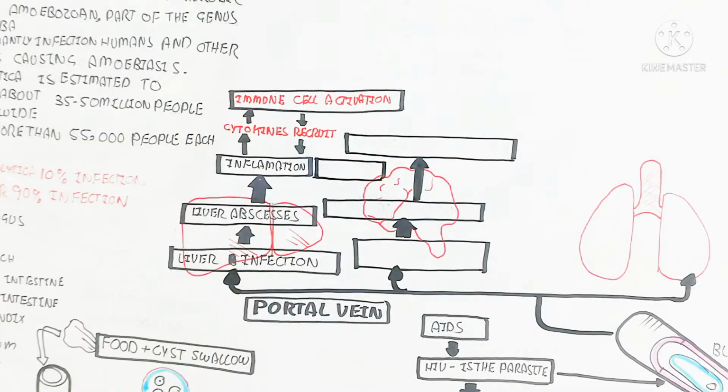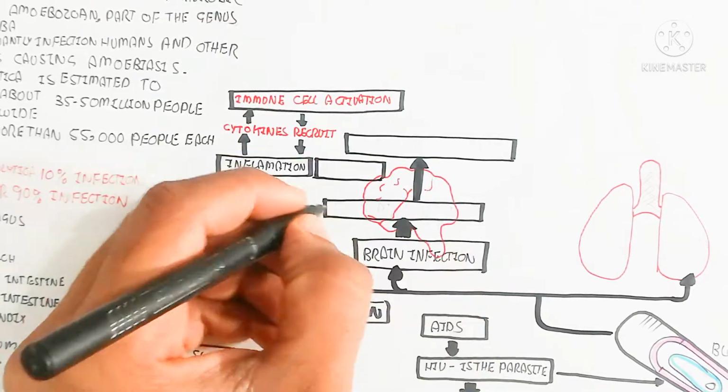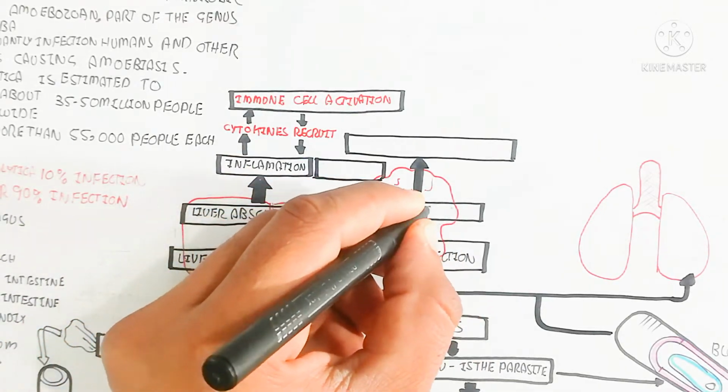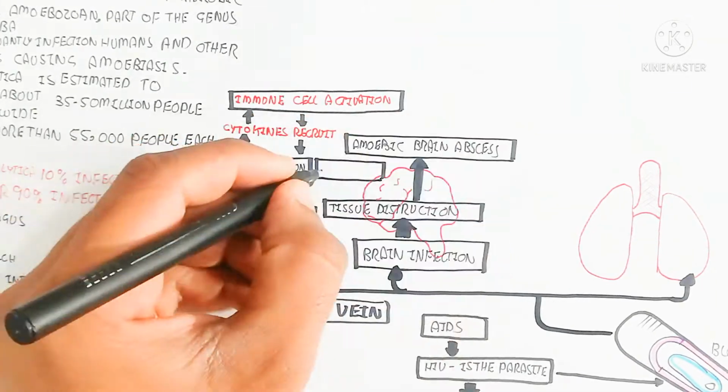On the other hand, here is the brain infection. The brain infection involves tissue destruction, amoebic brain abscesses, pus formation and cell death.